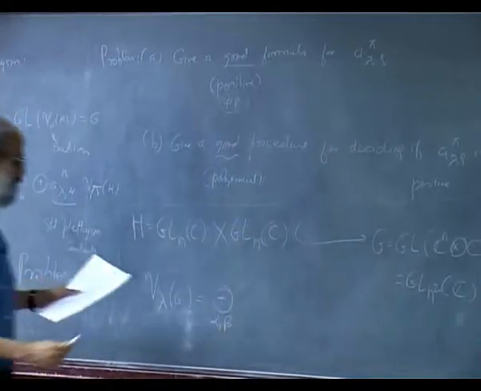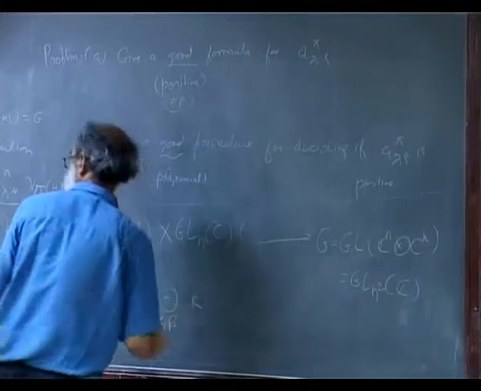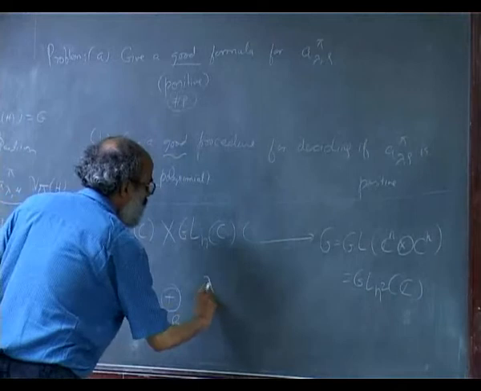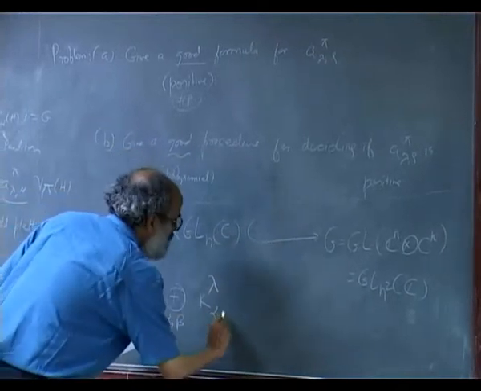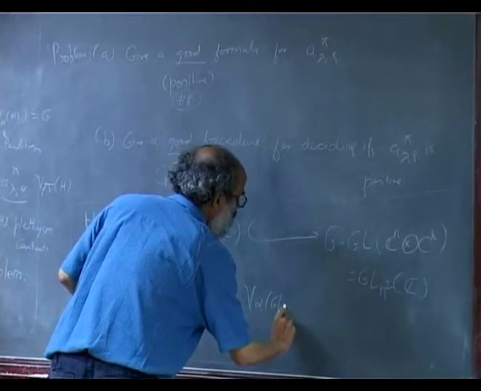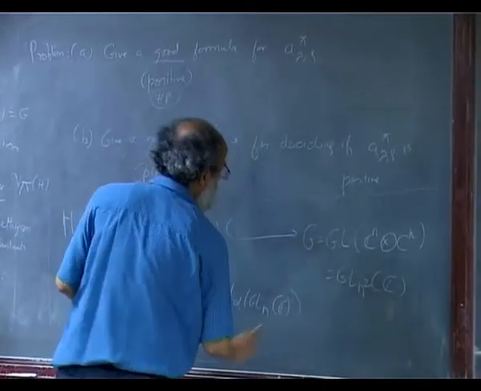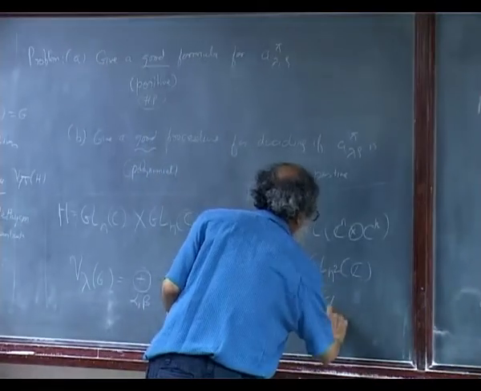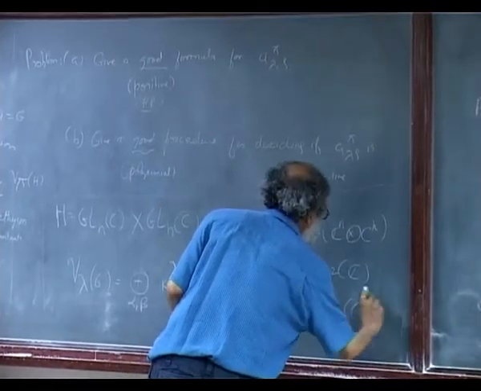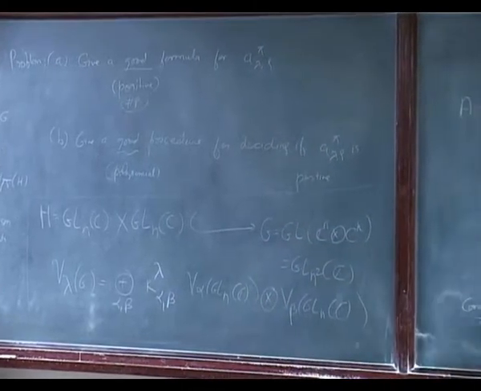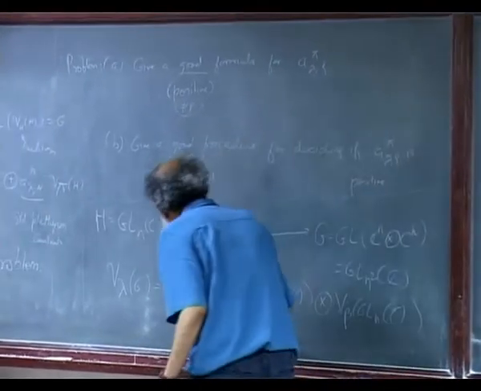So that would split as K_{lambda alpha beta}, it will break as V_alpha of GL_n C tensor V_beta of GL_n C. That is how V_lambda of G would break. So these are then called Kronecker coefficients.